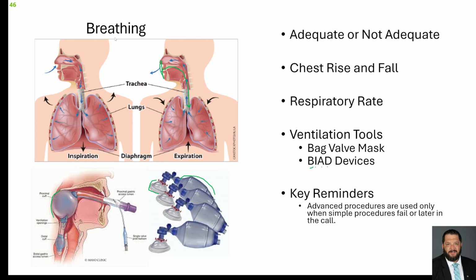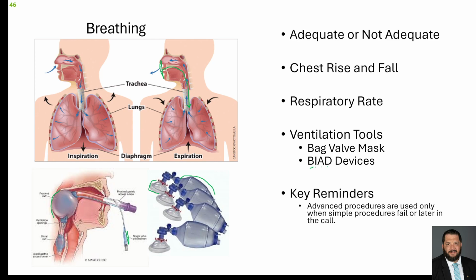So we can use a tool if we're having difficulty getting good ventilation for the patient, and that's where the King device or the BIAD comes in. This device is inserted with the balloons deflated, into the mouth, back into the hypopharynx, and then we inflate the balloon.